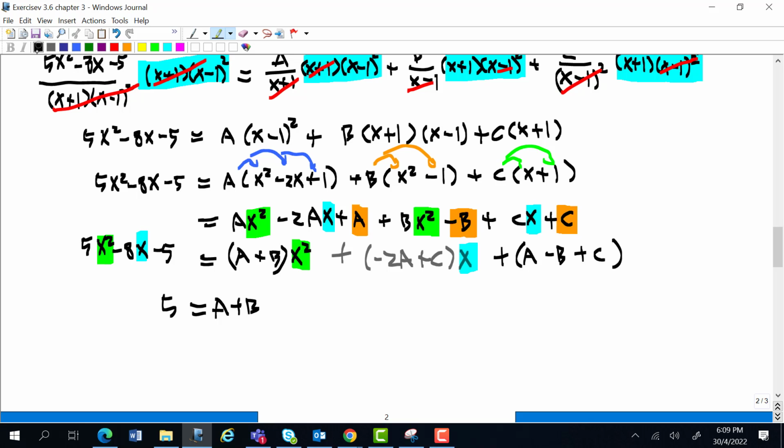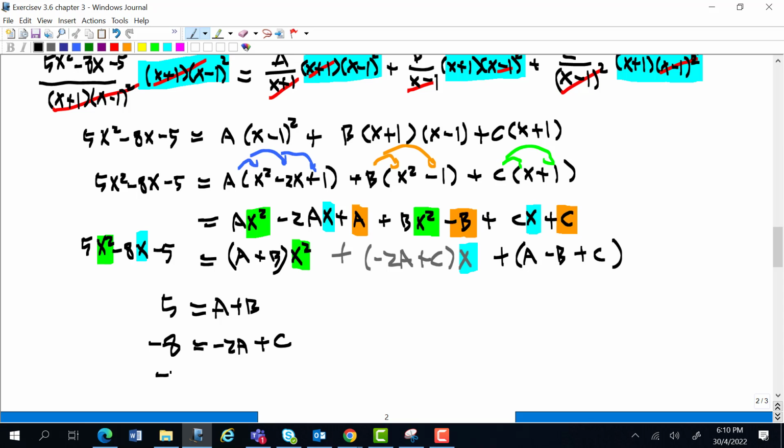Negative 8x is equal to minus 2a plus c. Then finally compare the constant.